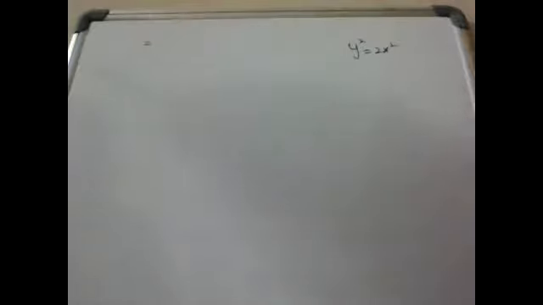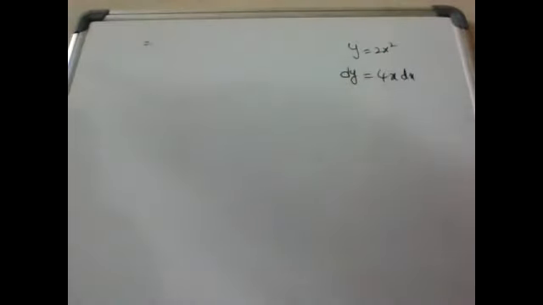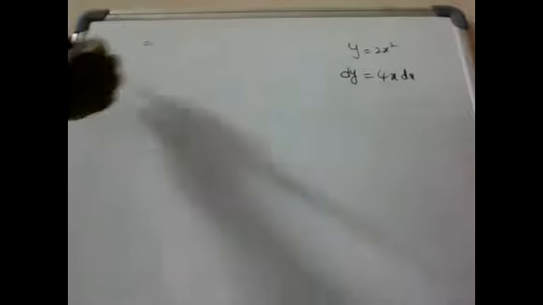Limits 0 to 1 because we are substituting y equal to 2x square. So y equal to 2x square, then dy equal to 4 into x into dx.